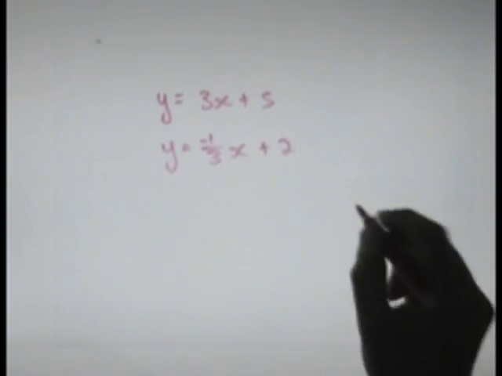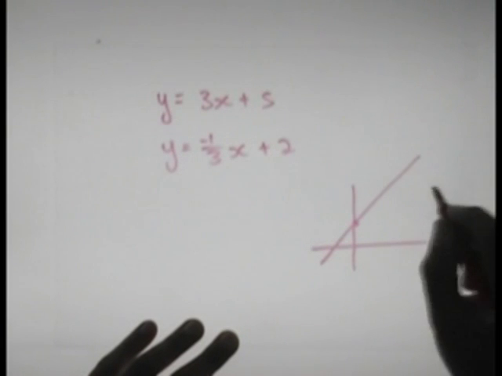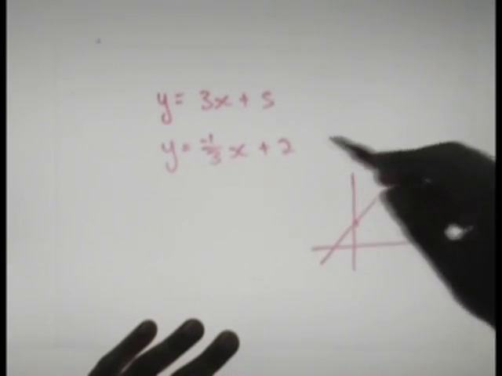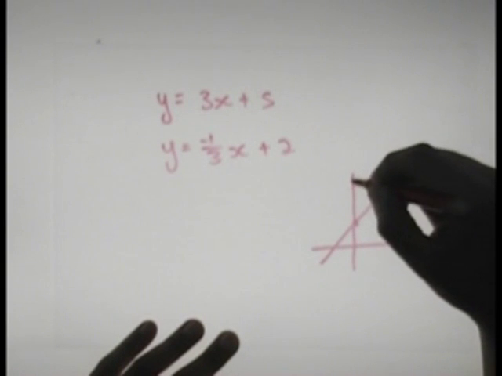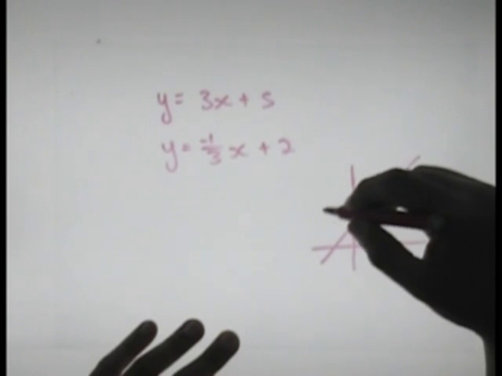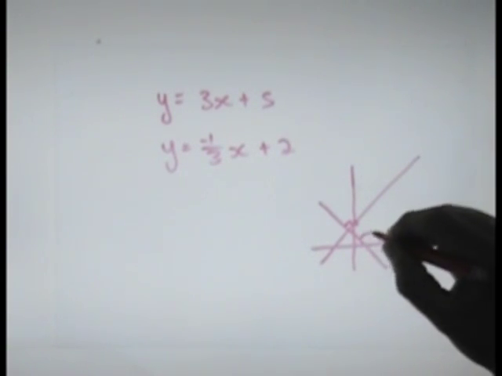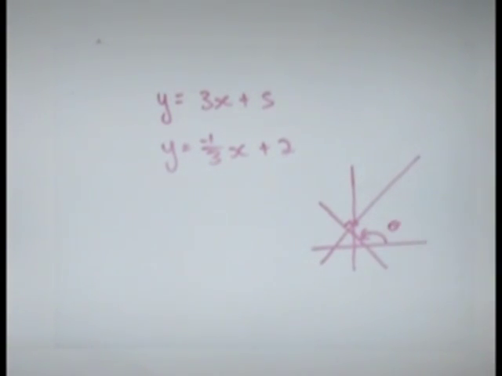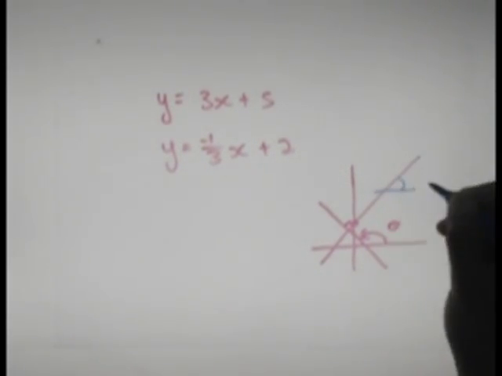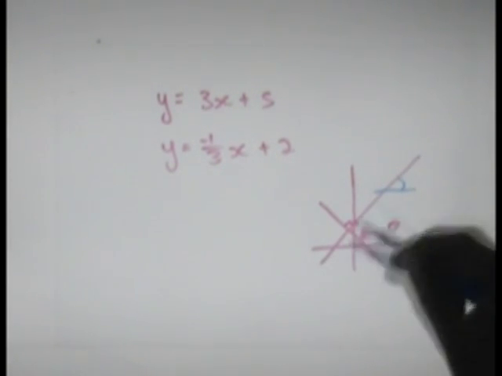Now y is equal to 3x plus 5 is going to look something like that, cutting at 5, and y is equal to -1 over 3x plus 2 is going to be a line that looks very much like this, and that's going to be 90 degrees. To work out this angle of inclination, the negative gradient or the negative angle of inclination, I'm going to start by working out its opposite, or rather its perpendicular partner.